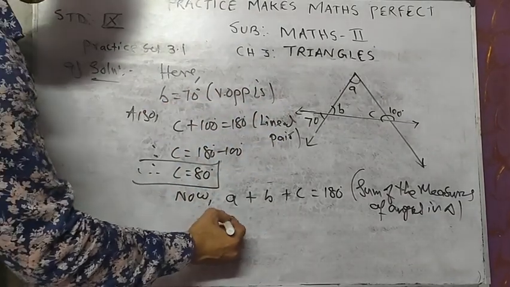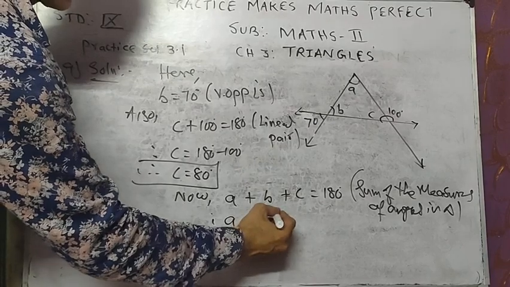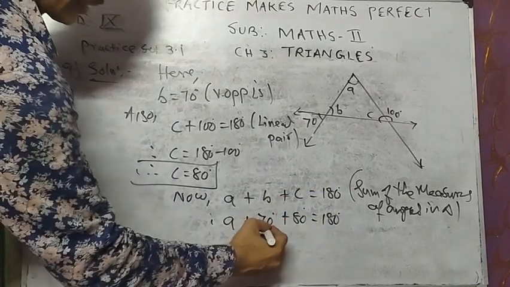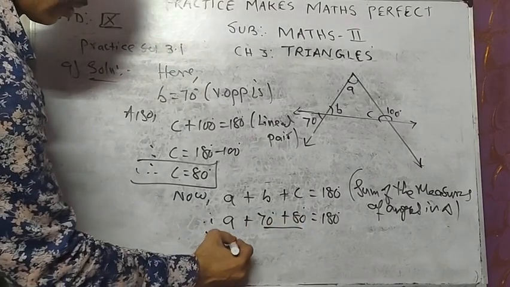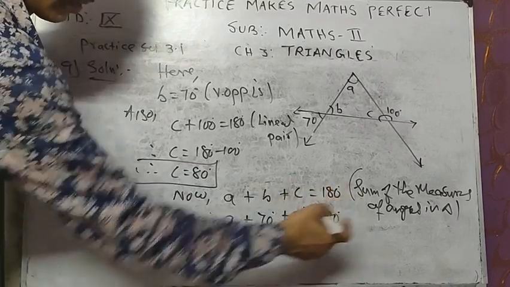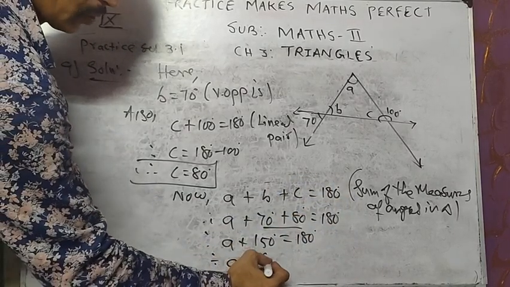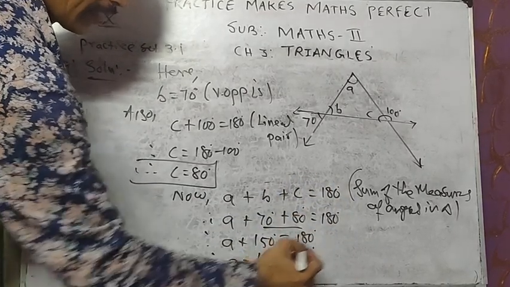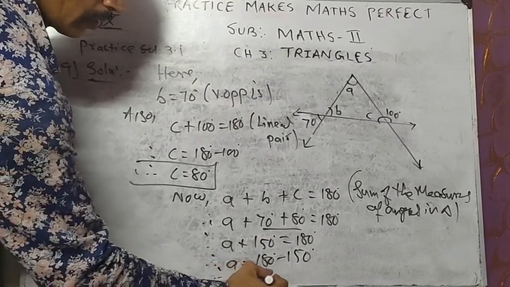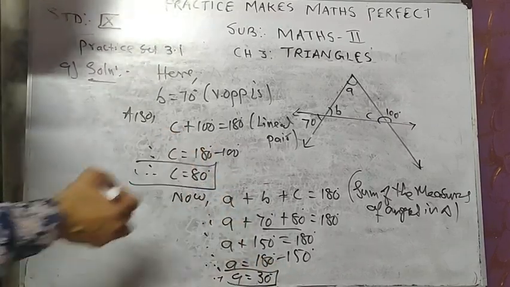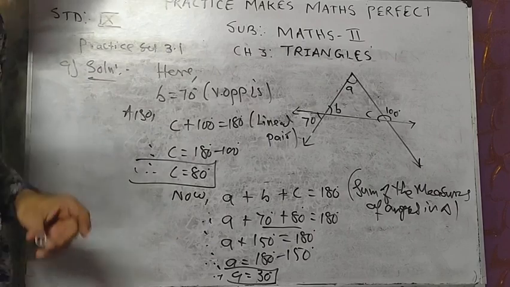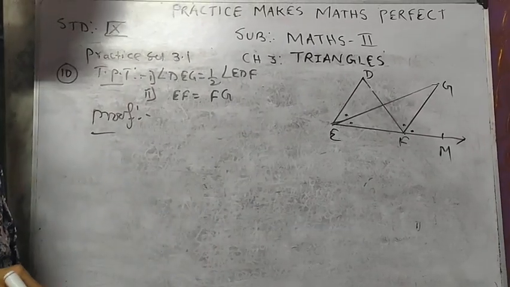So A you have to find out. A plus 70 plus 80 is equal to 180 degree. 70 plus 80 will be 150. 150 will go there, becomes minus. A is equal to 180 degree minus 150 degree, and therefore A is equal to 30 degree. So very easily you are getting the values of A, B and C.